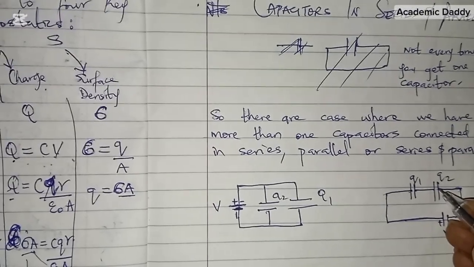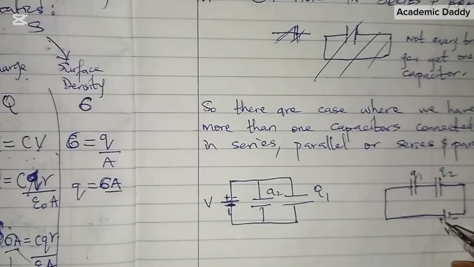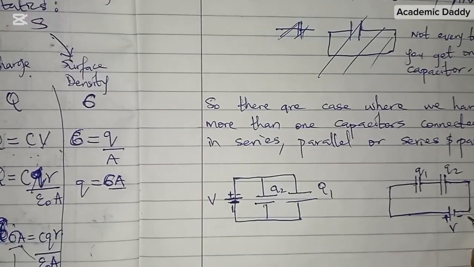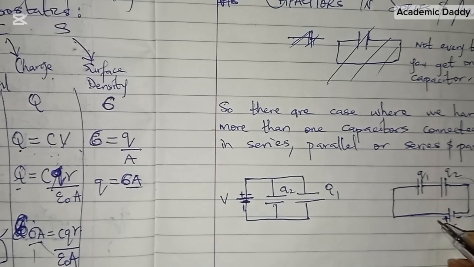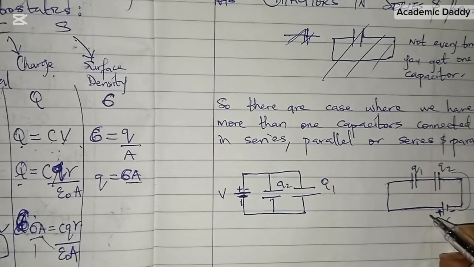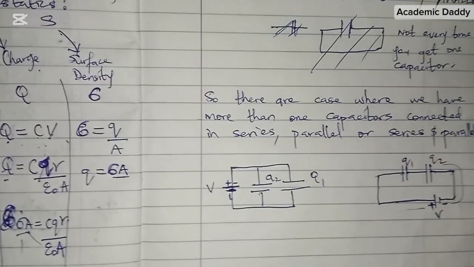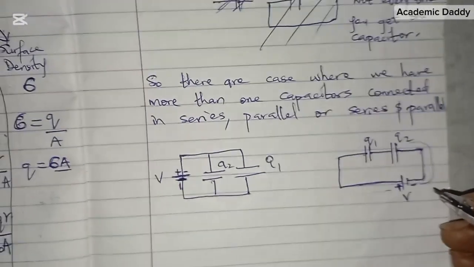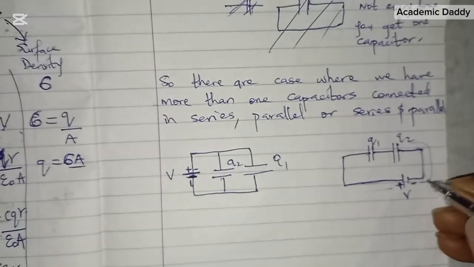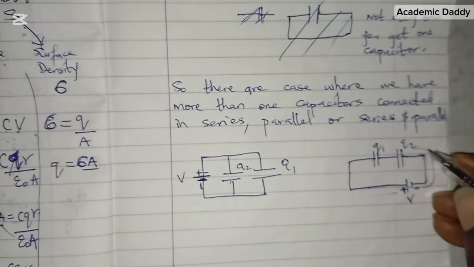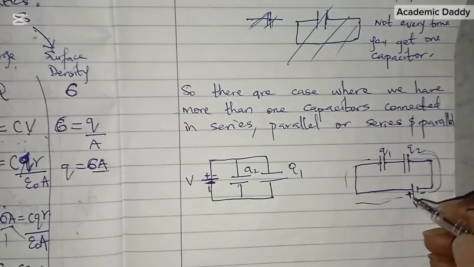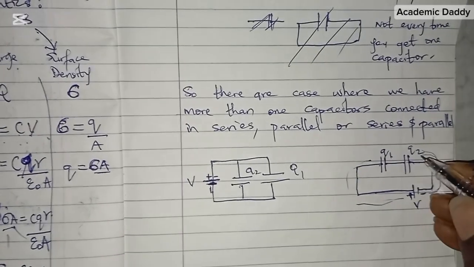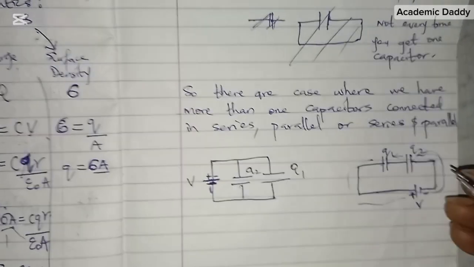When this is positive and this is negative, in a metal cell, charges move from negative to positive. Protons do not move. So it's moving to enter here, it will reach here, then come here.